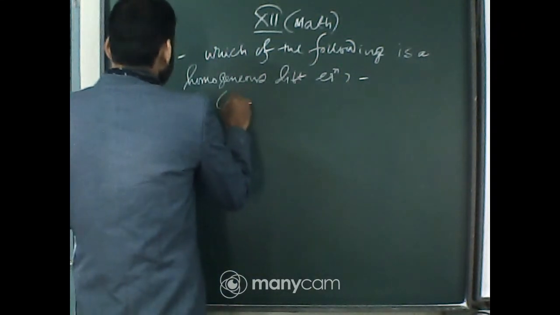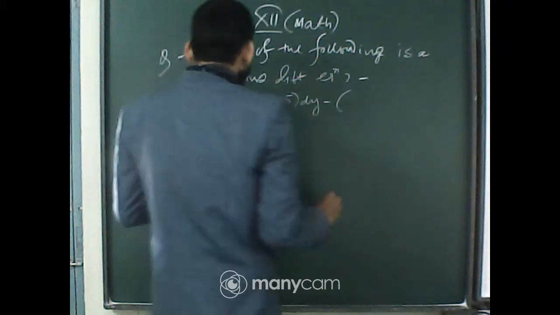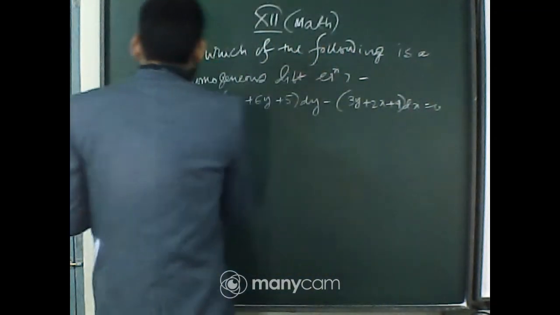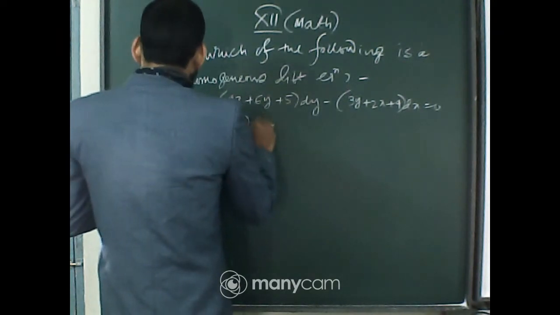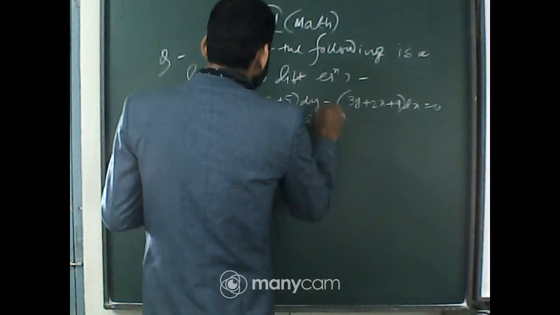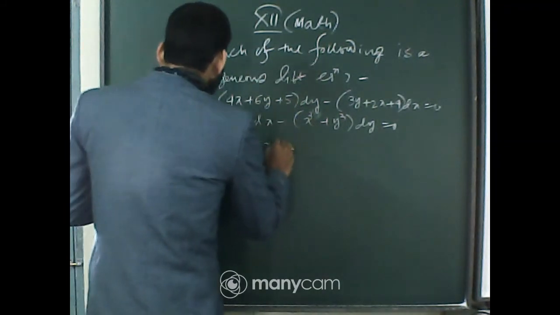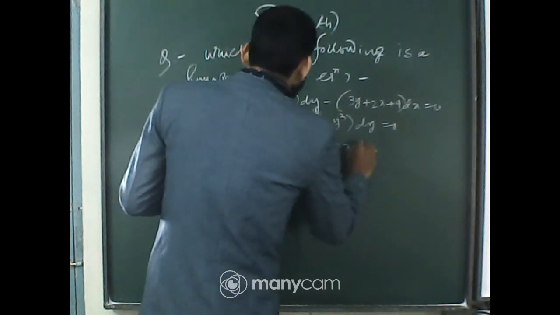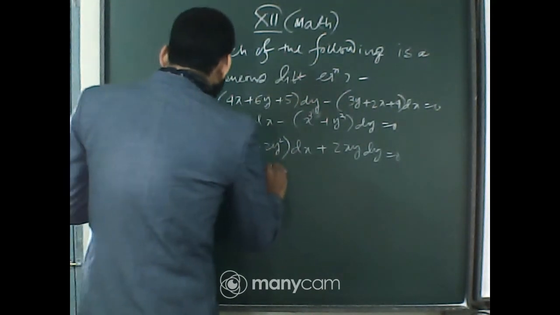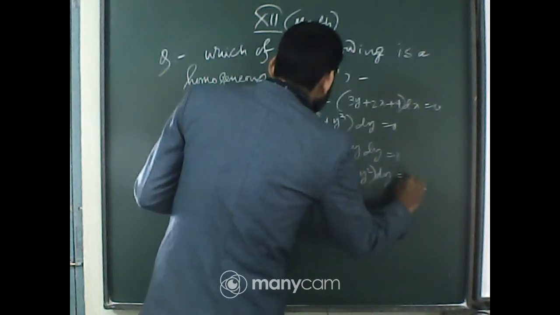The options are: option A, (4x plus 6y plus 5) dy minus (3y plus 2x plus 4) dx equals 0; option B, xy dx minus (x cube plus y cube) dy equals 0; option C, (x cube plus 2y square) dx plus 2xy dy equals 0; and option D, y square dx plus (x square minus xy minus y square) dy equals 0.